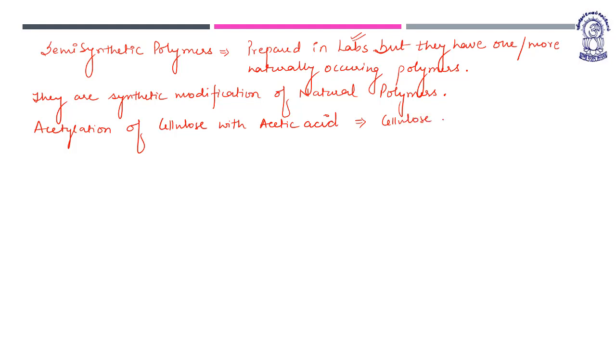Cellulose acetate. So acetylation of cellulose with acetic acid or acetic anhydride forms cellulose acetate.